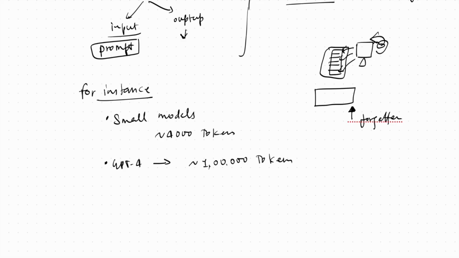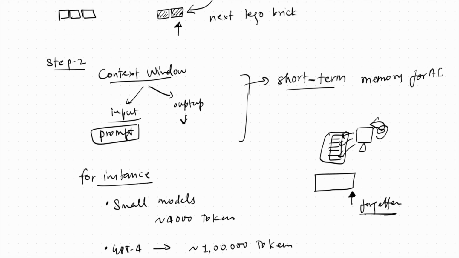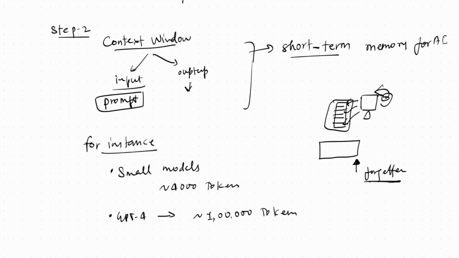Your prompt should include just enough context to guide the reasoning of the model, but not exceed or overwhelm it, so that the model does not reach a forgotten state. So this is step 2 of model understanding, where it holds the short-term memory for artificial intelligence, and this is the context window.